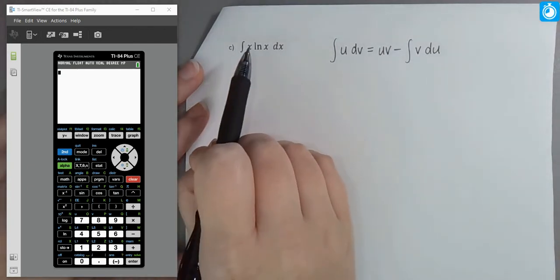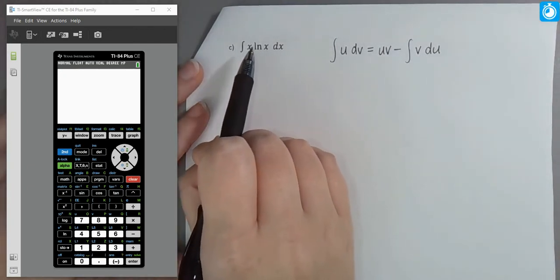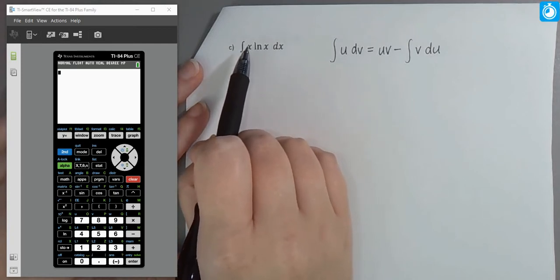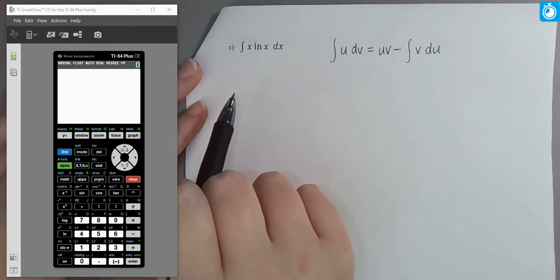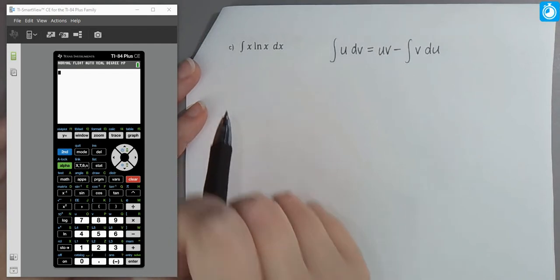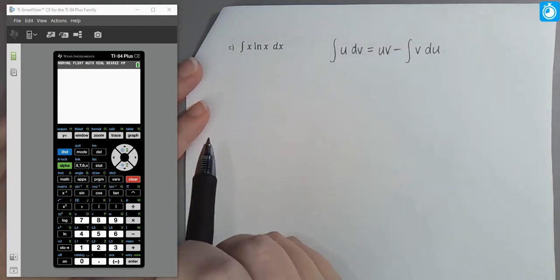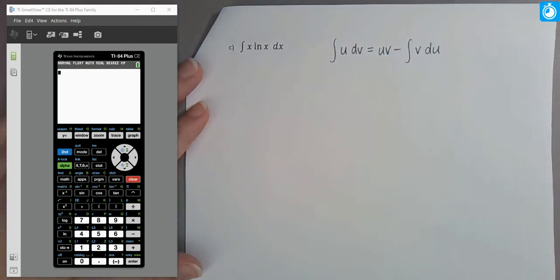The problem with maybe taking that approach is if we allow this to be our u, then when we take its derivative, that would use the product rule, which means we're going to end up with a complicated derivative. The goal is for the differentiation and the integration to lead us to relatively simple functions, not more complicated functions.